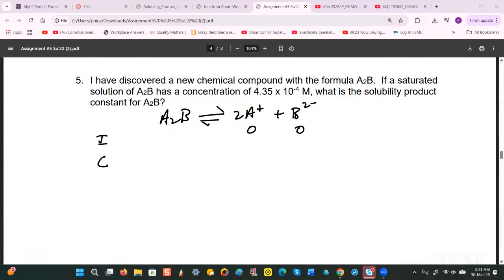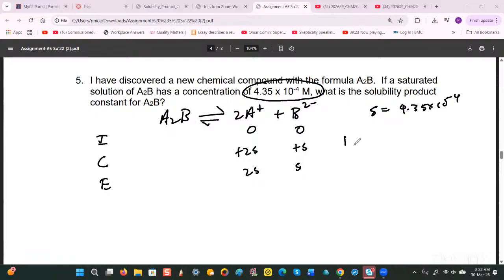The question says that the concentration of the saturated solution is 4.35 times 10 to the minus 4, so that would be the solubility. Solubility would be equal to 4.35 times 10 to the minus 4, right? So that means that as far as the A plus is concerned, the change would be plus 2S, and the change for the B2 minus would be plus S. So at equilibrium, you're going to have 2S and then S here.